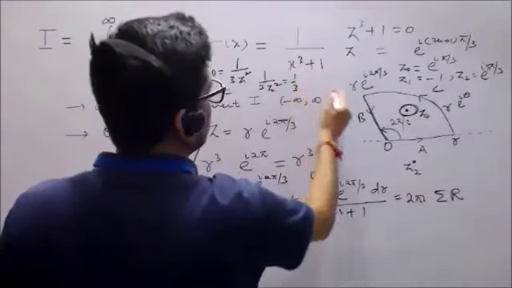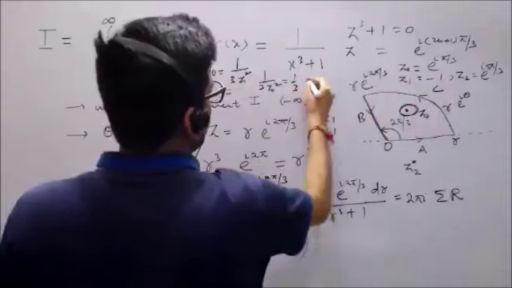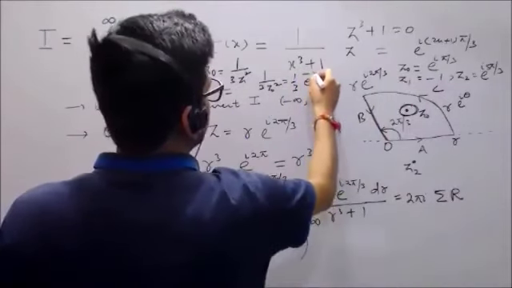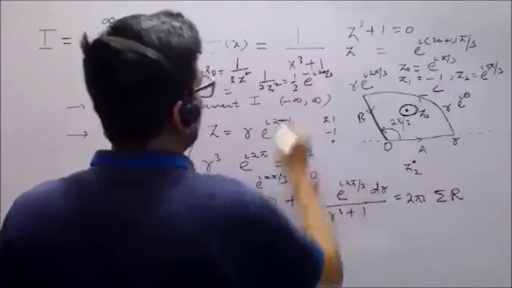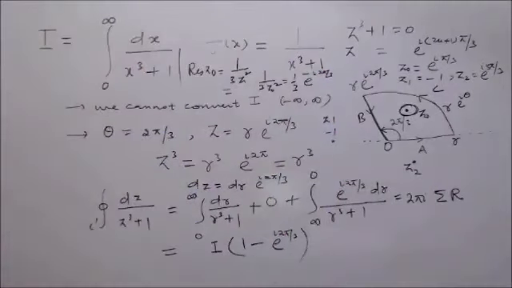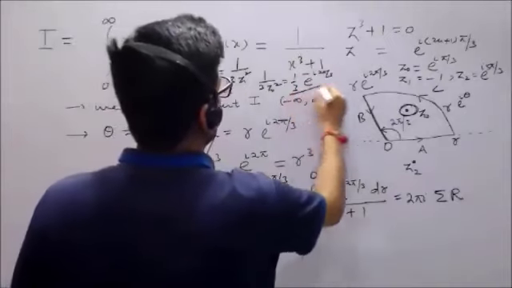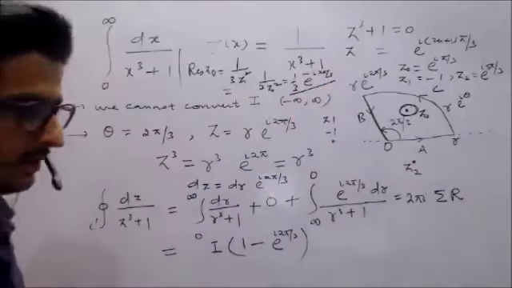1 by 3 z naught to the power, e to the power minus 2 pi by 3. कितना होगा? No. Just keep this much only. Okay. Keep this much when we solve. Don't worry.